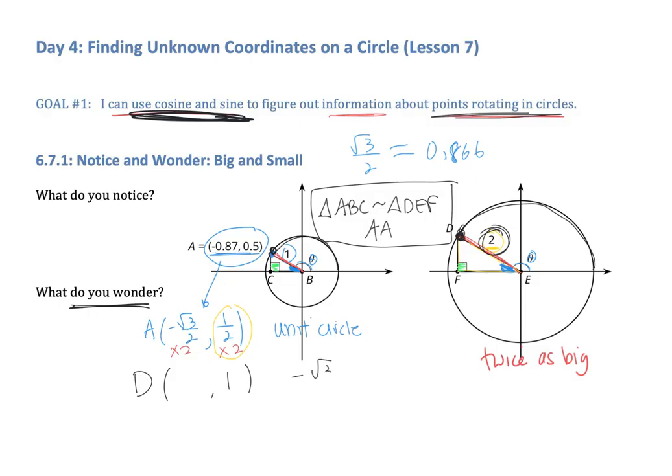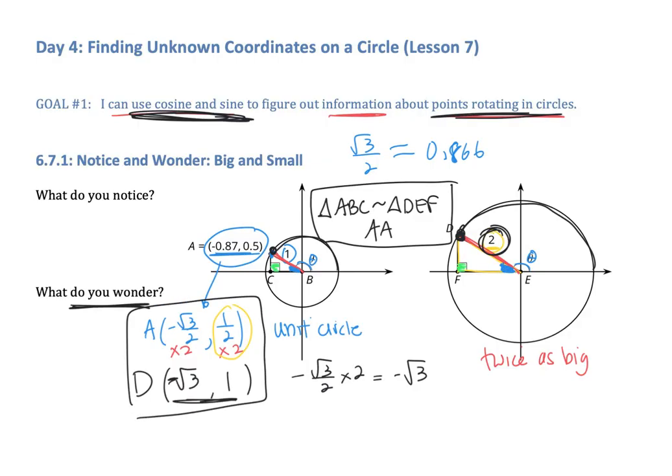And what is negative root 3 over 2 times 2? Well, that would be negative root 3. Or you could plug that into your calculator and get a decimal approximation. But we don't want you to do that. You can just leave it as negative root 3, and that's fine. So again, the first part of this lesson today will be trying to get ordered pairs on different circles.